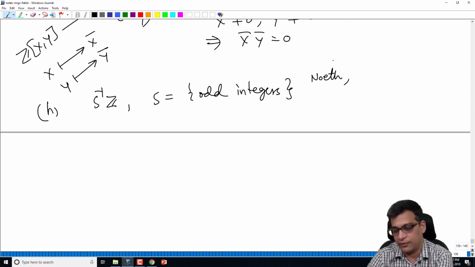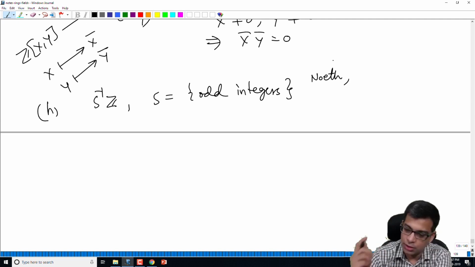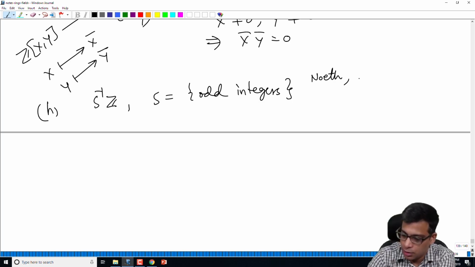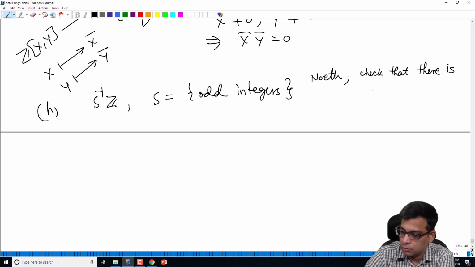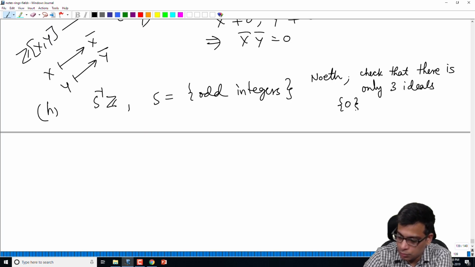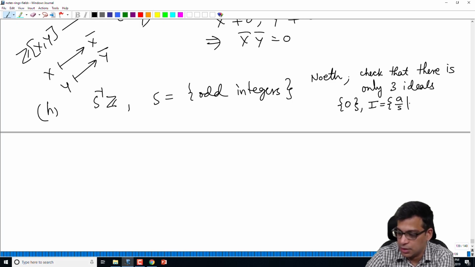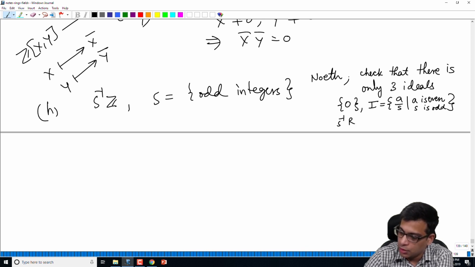One can check that there are only 3 ideals: 0, the ideal I from the last problem, which is A by S, where A is even and S is of course odd, and S inverse R itself. There are only 3 ideals. These are the 3 ideals.